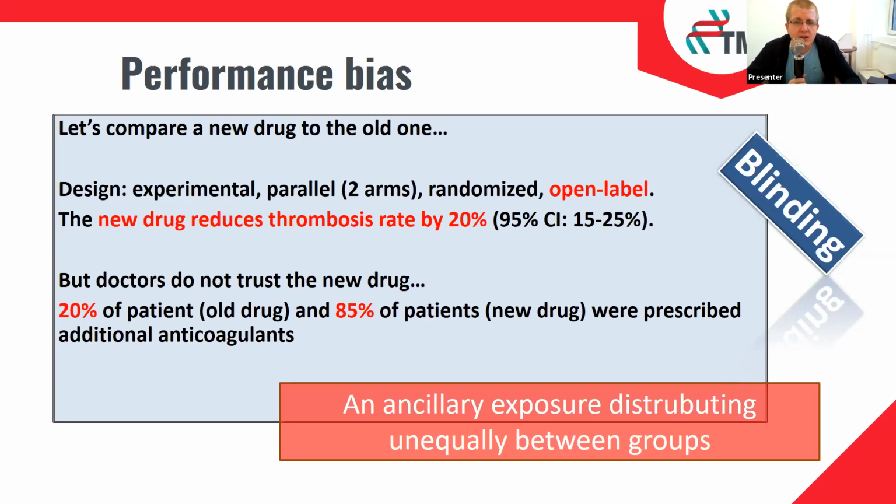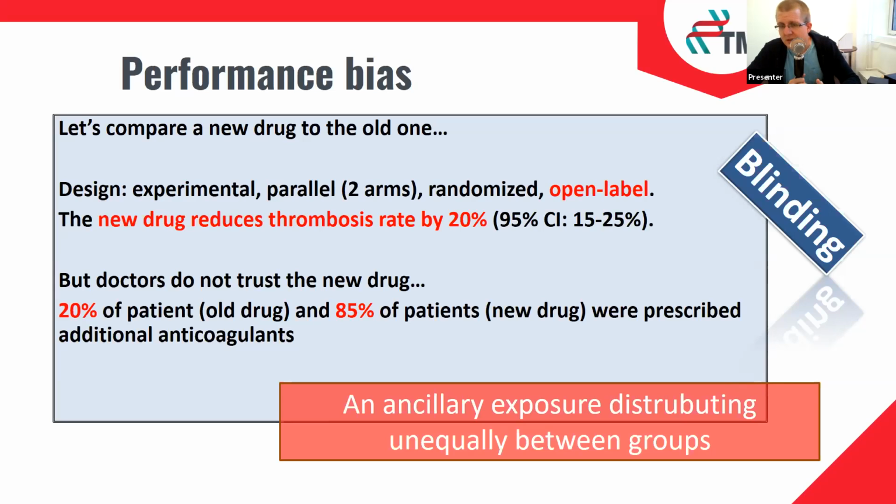The patients are allocated in a 1-to-1 ratio, and 20% of the patients with the old drug developed thrombosis. 20% of the patients with the old drug were prescribed additional anticoagulants, while 85% of the patients with the new drug were prescribed additional anticoagulants in the other group.